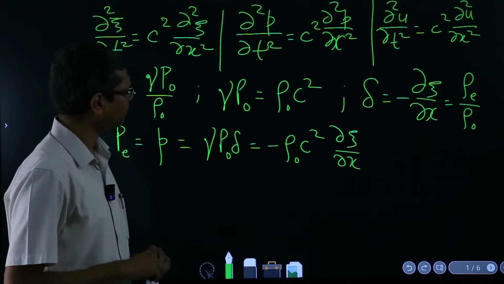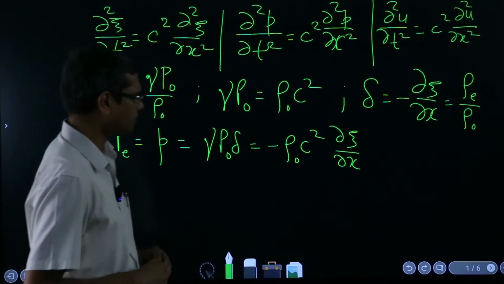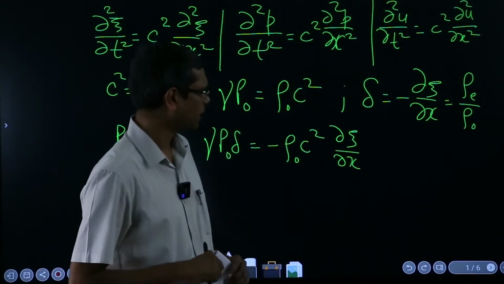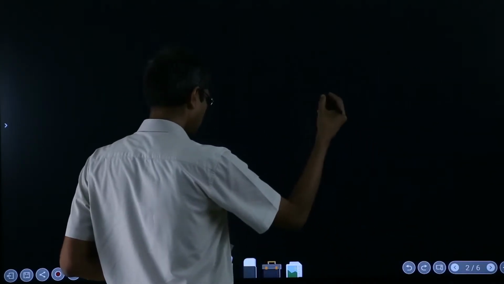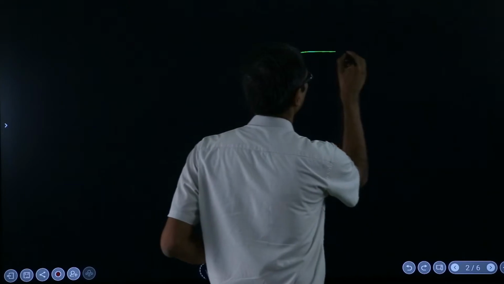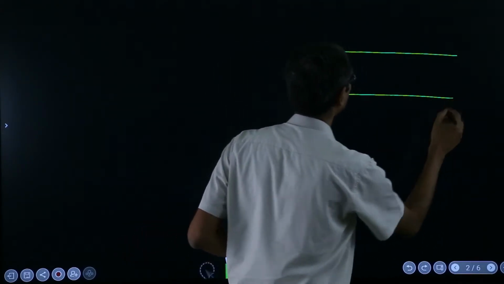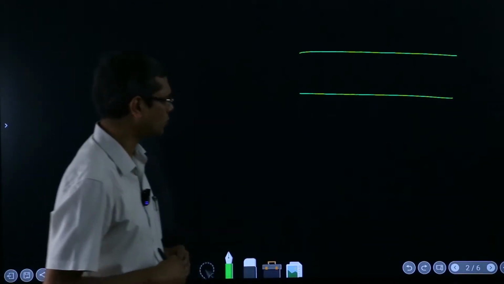Now, using them, we will take up the case, which in a way we also discussed, but without mentioning the specific situation for which we wrote those equations.